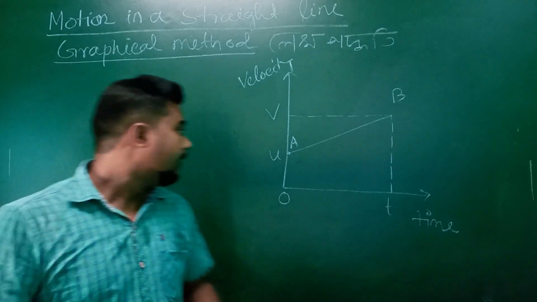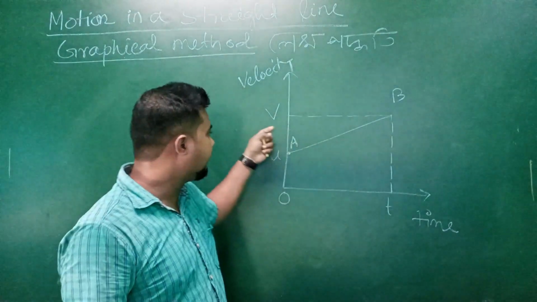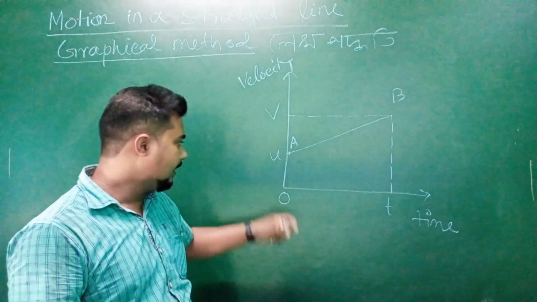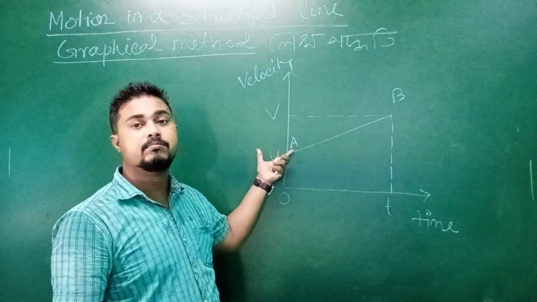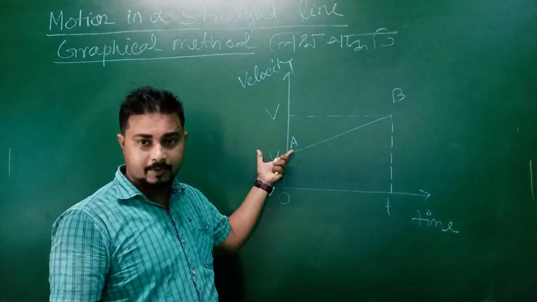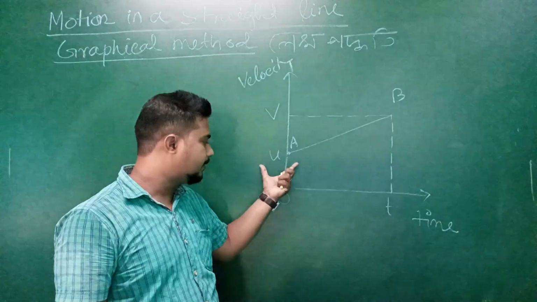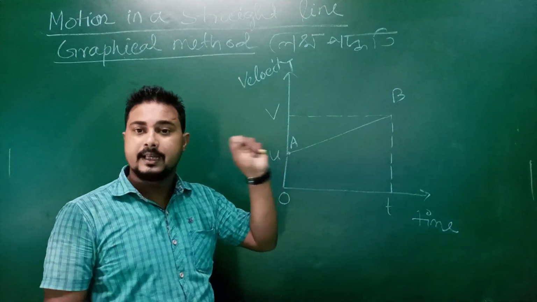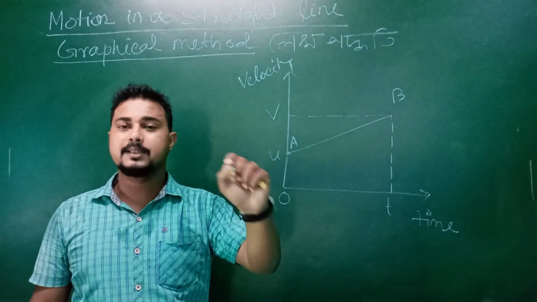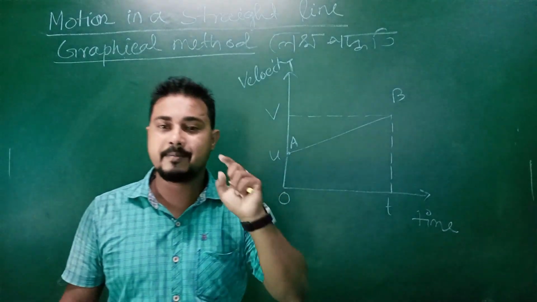Okay, now we have taken time along this side and the velocity scale along this side. Okay, so let at the time t is equal to 0 second the velocity of the body was u, and the position of the body was at point A. So at position A the velocity is u.